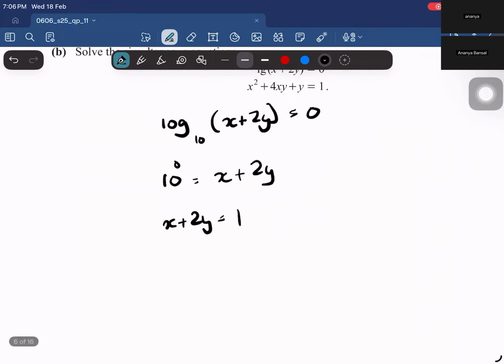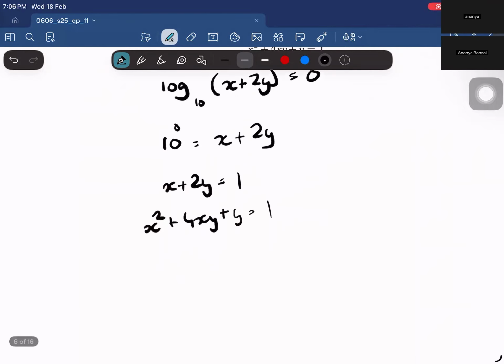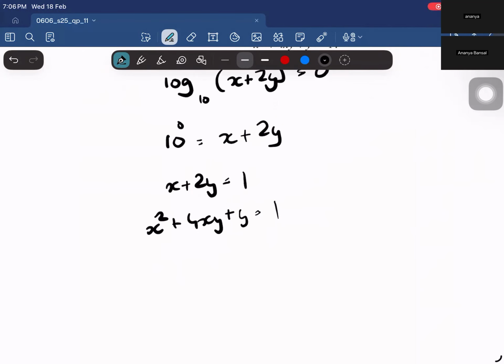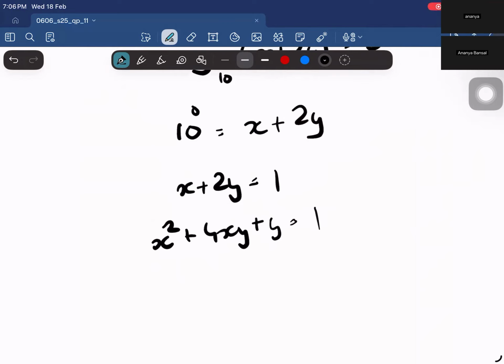And now you have your other equation as well, which is x squared plus 4xy plus y equals 1. Now you can use substitution, where I'm going to substitute in x. x equals 1 minus 2y.